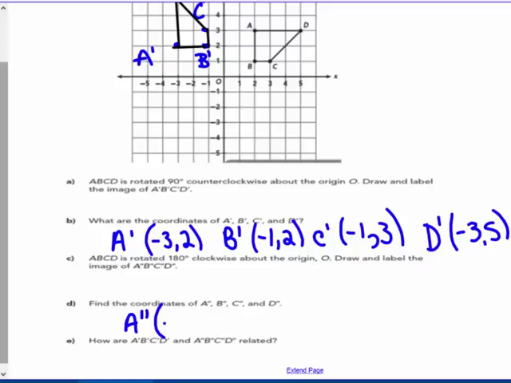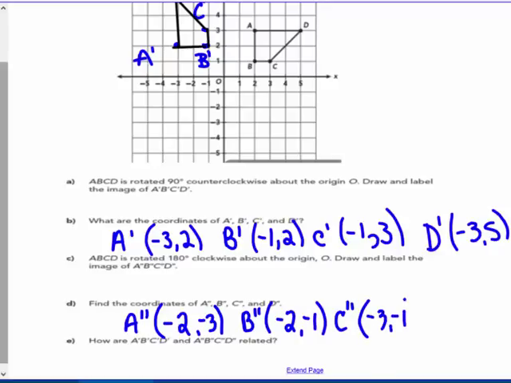A double prime is -2, -3. B double prime is -2, -1. C double prime is -3, -1. D double prime is -5, -3.